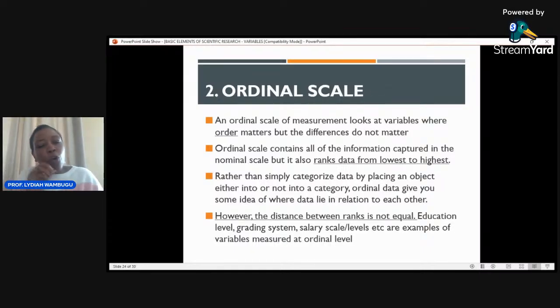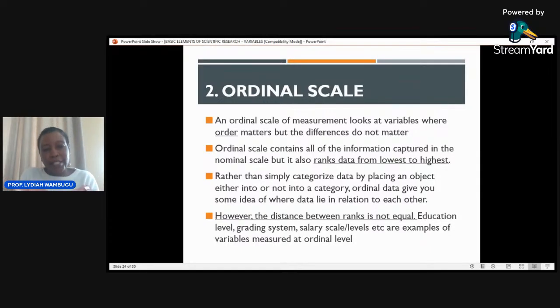So the work of ordinal is to put variables into categories, and in this category there is some ranking, there is some order. However, the distance between the ranks is not equal, and it is not even important. Again, any number attached to them does not carry any quantitative value.